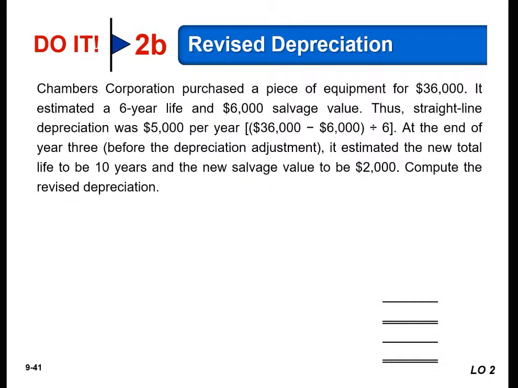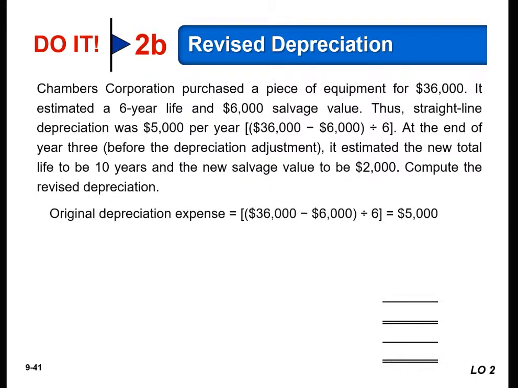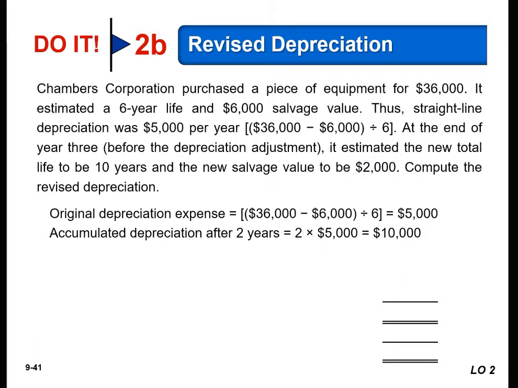So we're asked to compute the revised depreciation. First, we have our original depreciation expenses of $5,000. We're at the end of year 3, but we haven't posted our depreciation. So we have only actually depreciated for 2 years. So we've taken $10,000 in accumulated depreciation against a piece of equipment that was $36,000.